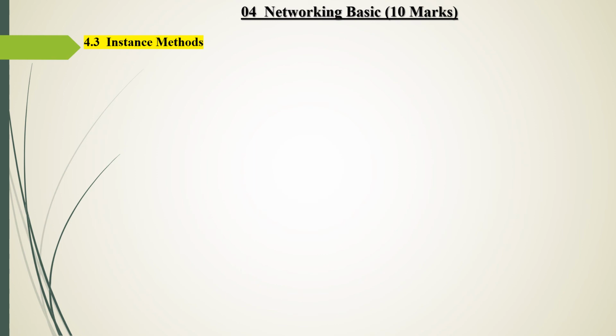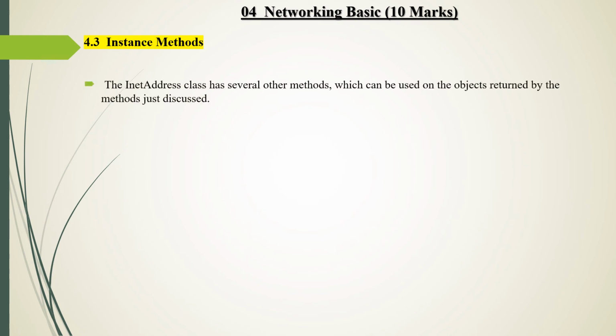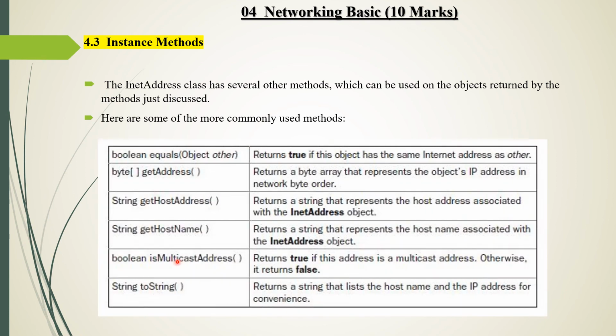Next, instance methods. The InetAddress class has several other methods which can be used on the objects returned by the methods just discussed. The following table defines some other methods of the InetAddress class, the more commonly used ones. First method is boolean equals, which returns true if this object has the same Internet address as the other.